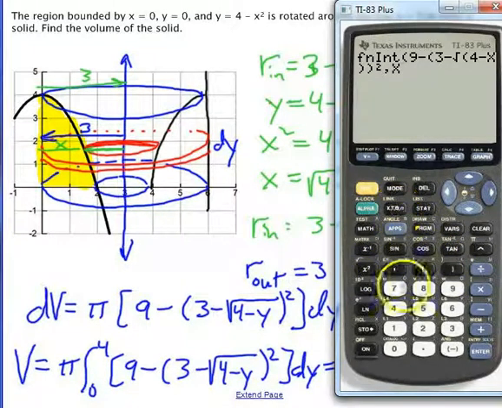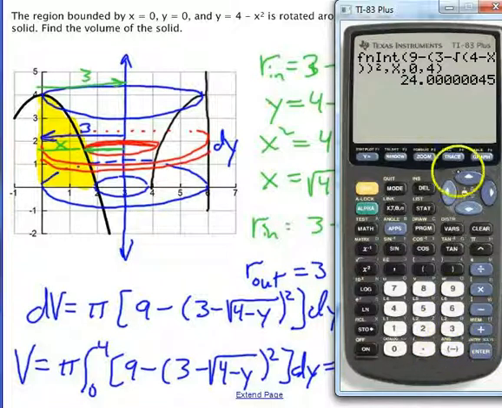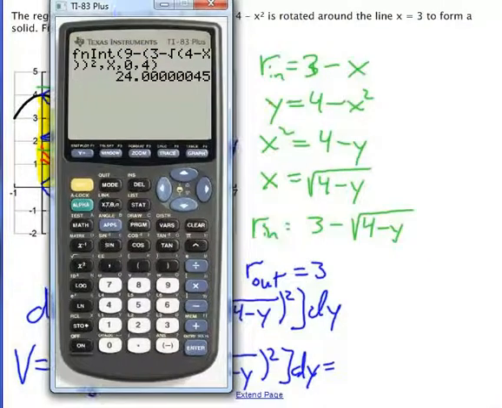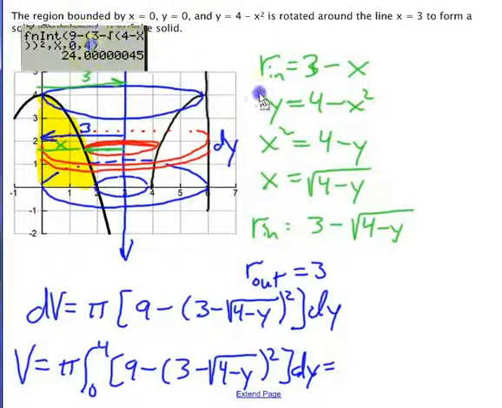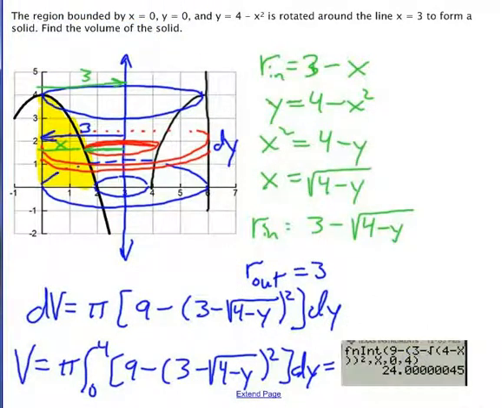Comma, x, comma, 0, comma, 4. And we let it do its work. 24, how about that? I'll capture that. And that is how you do integration using washers.